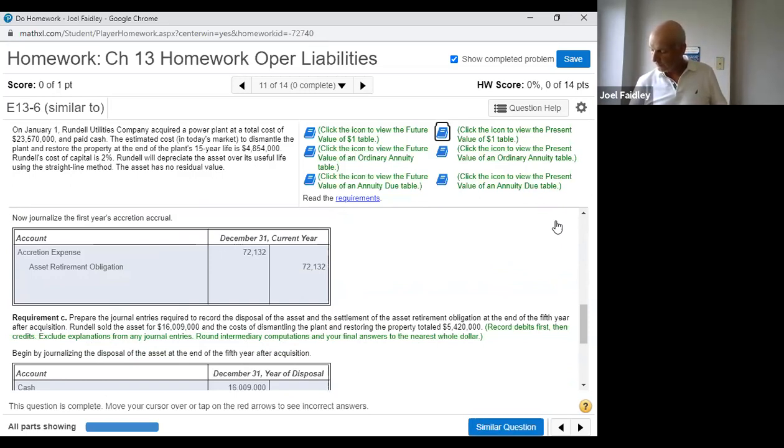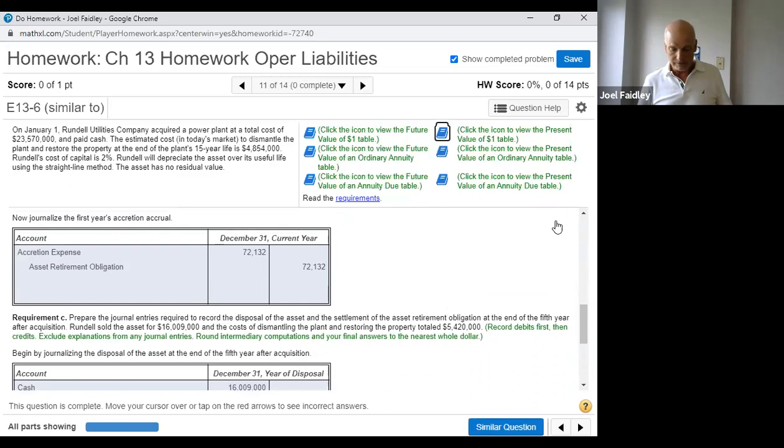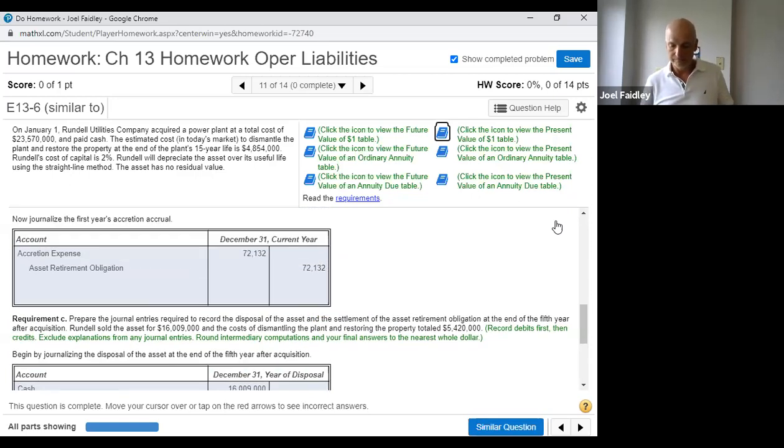And that's where we're going to go over here and calculate accretion expense for the first year. While we go over there, we're also going to see that after 5 years, this thing's going to be sold and not actually fully implemented. So let's go here to the notepad.